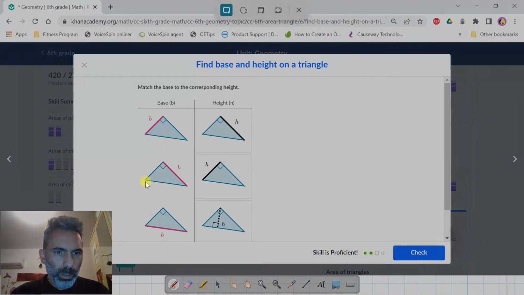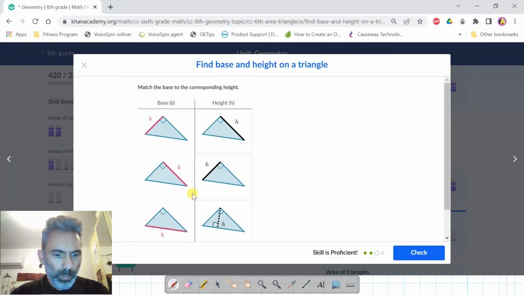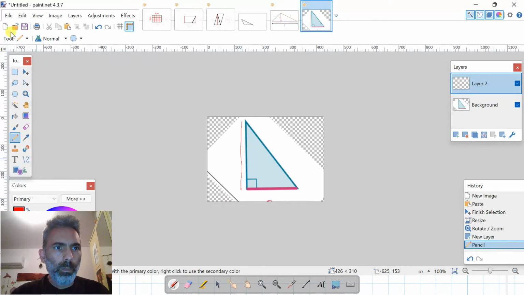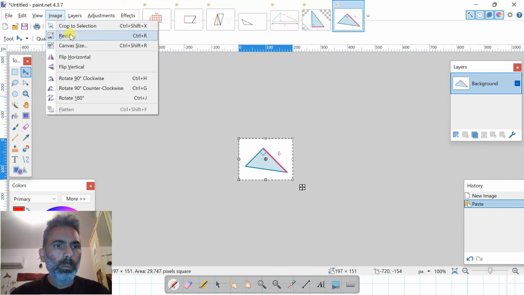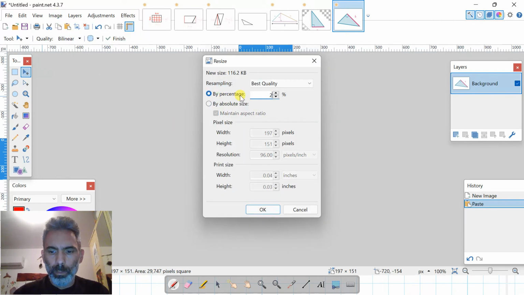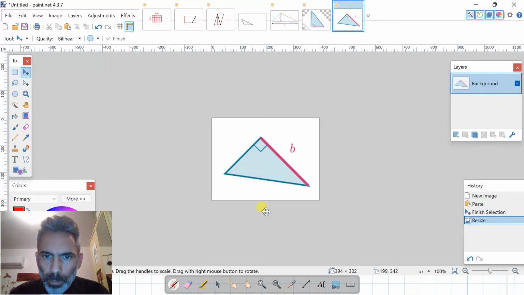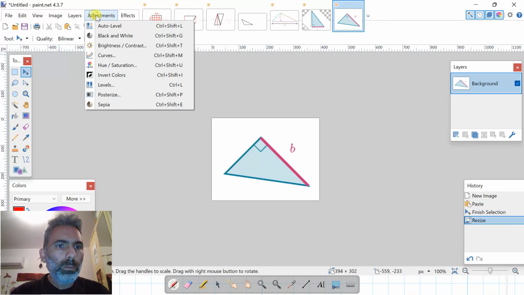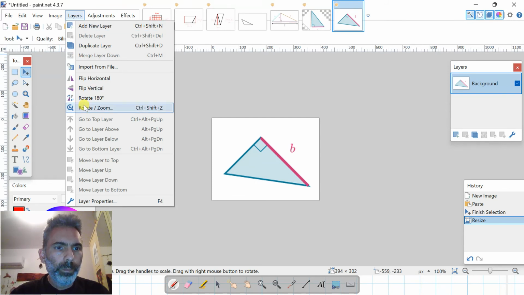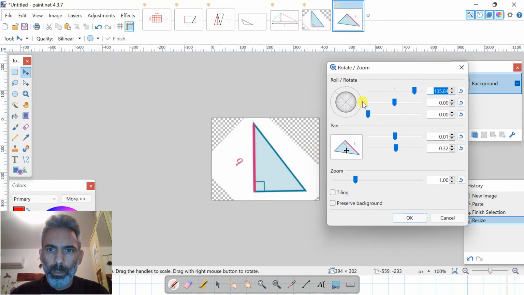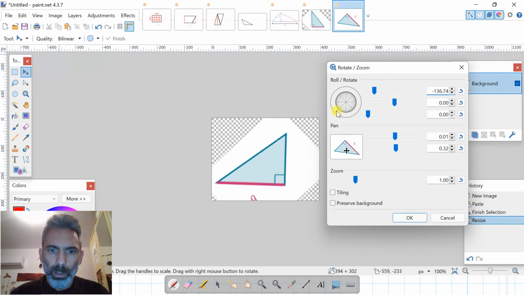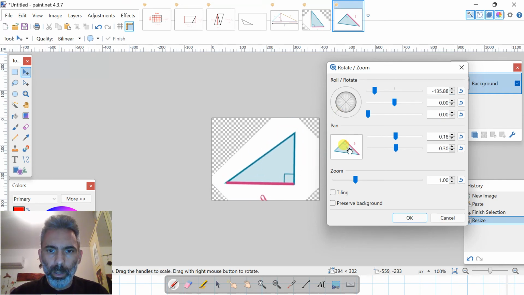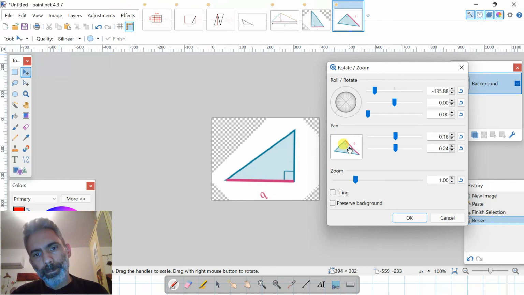And for this triangle, okay, let me rotate it. I'm rotating it so the base will be horizontal, so it's easier to understand why we call it base.